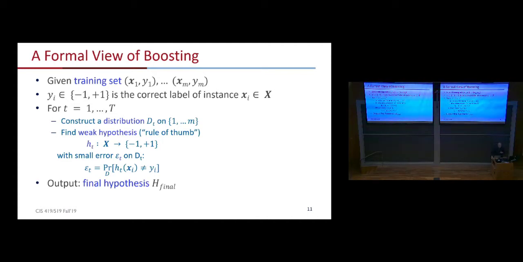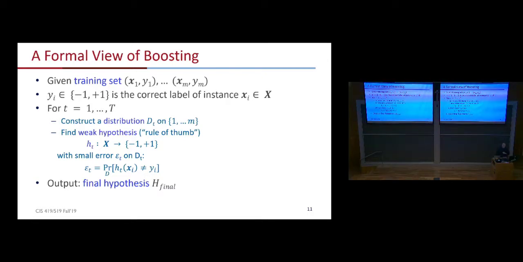So this distribution is important. We're going to find a weak hypothesis, what I called before a rule of thumb, which we call h_t, with small error, epsilon t. And this is, again, where the distribution comes in. Epsilon t is the probability that h_t of x_i is different than y_i on the current distribution.